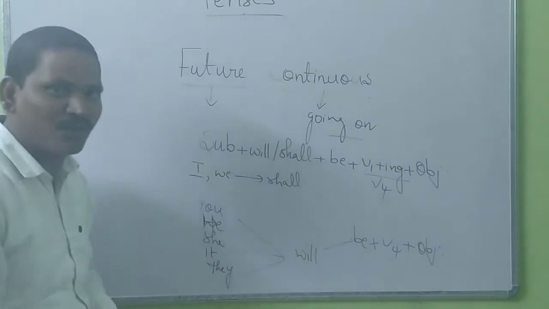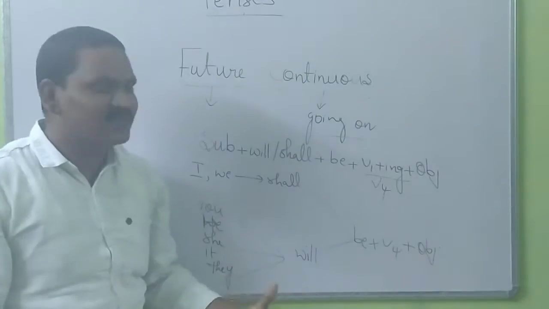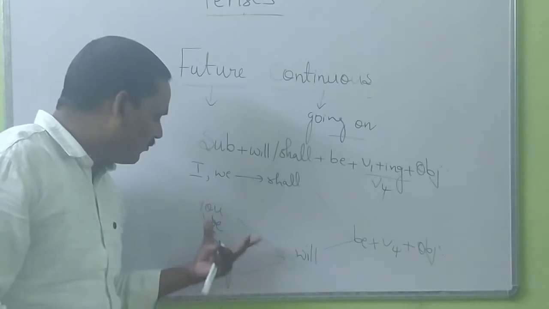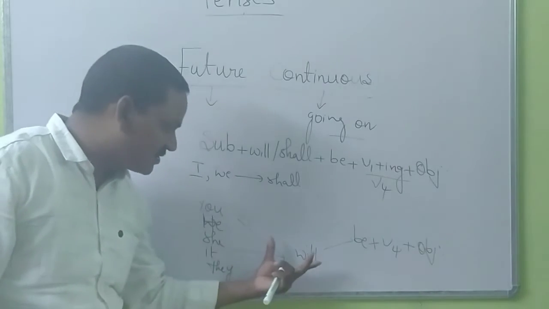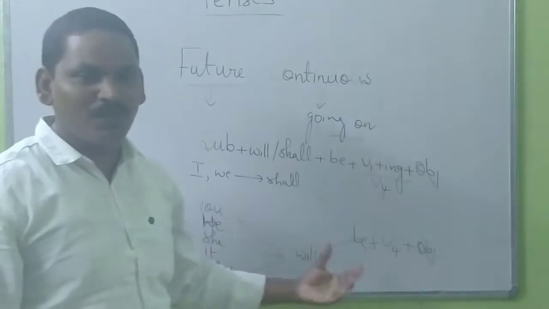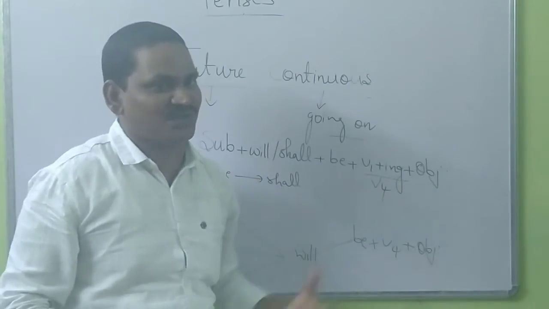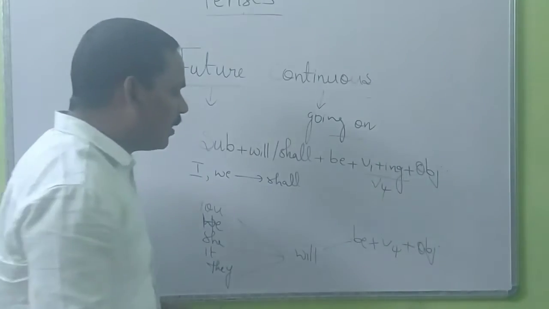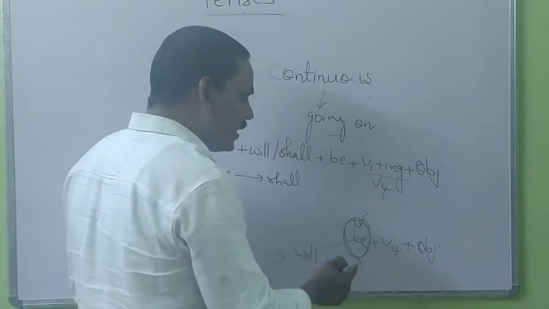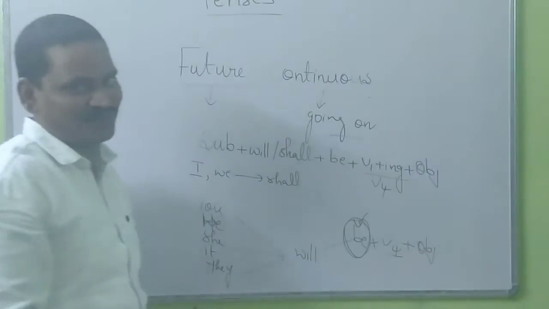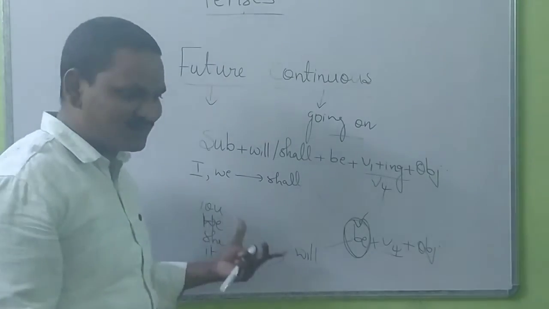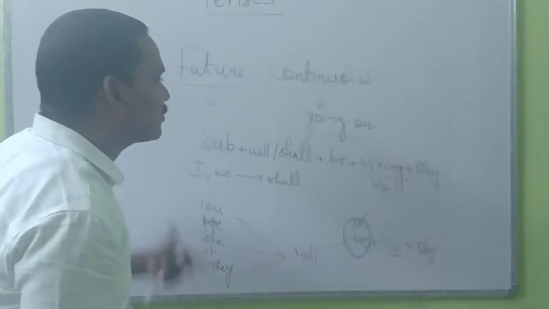I and we take shall, the remaining subjects take will, then be plus V4 plus object. Understand? Future continuous tense takes be followed by V4. Okay, this is about the structure of future continuous tense.